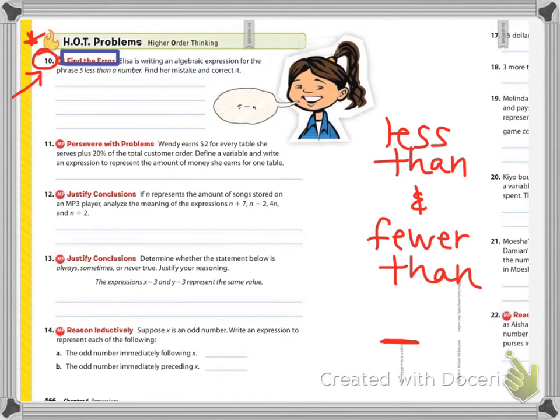That's easy. But we had to learn that they also mean subtract and switch. So you're going to replace less than with the subtraction. You're going to replace fewer than with the subtraction symbol.